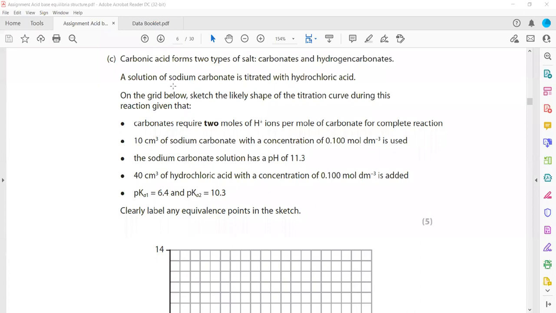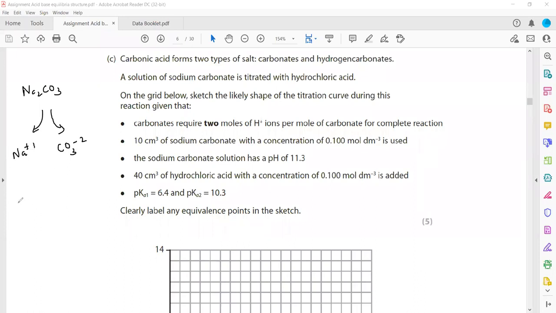So the reaction: a solution of sodium carbonate is titrated with hydrochloric acid. So we have a solution of sodium carbonate, Na2CO3. This Na2CO3 solution will dissociate into sodium ions and carbonate ions.